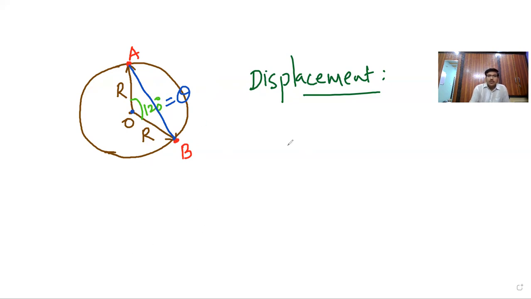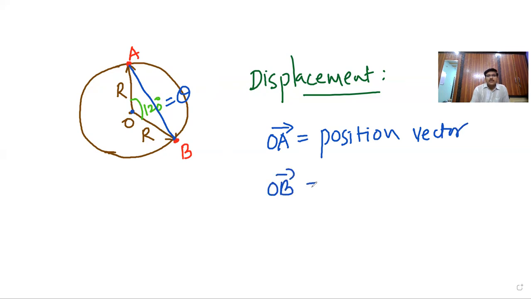That means OA bar is one position vector, and OB bar is another position vector.